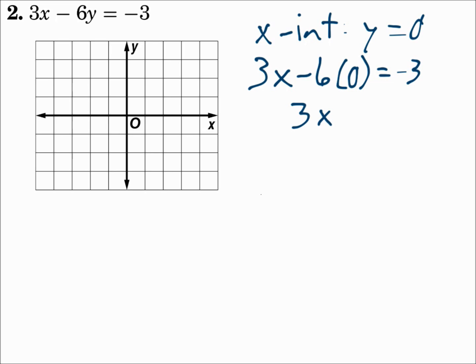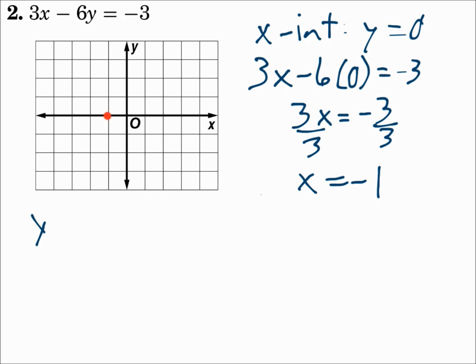Notice, the whole term with the variable y in it disappears. Equals negative 3. 3x equals negative 3. Divide both sides by that 3 to move it. The 3's cancel on the left, and negative 3 divided by 3 is negative 1. So negative 1 is the x-intercept. That's the point negative 1 comma 0.